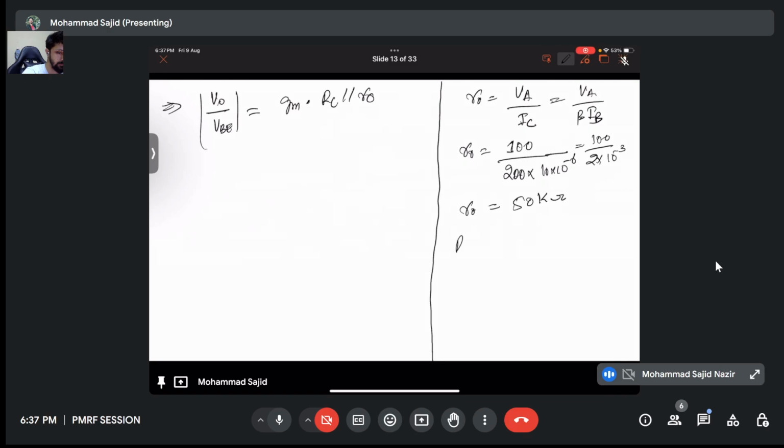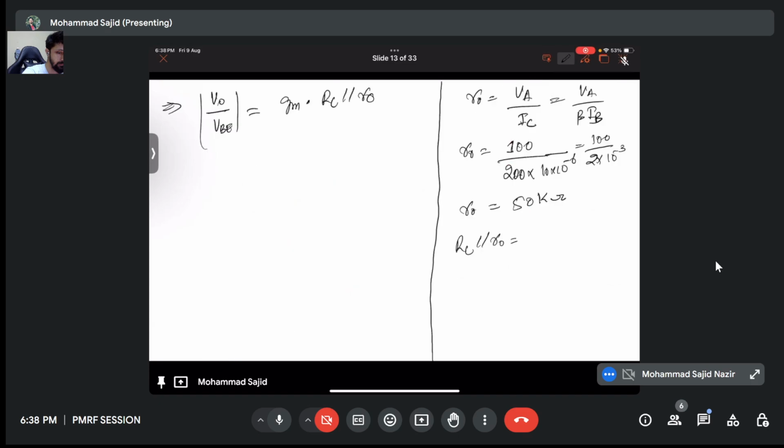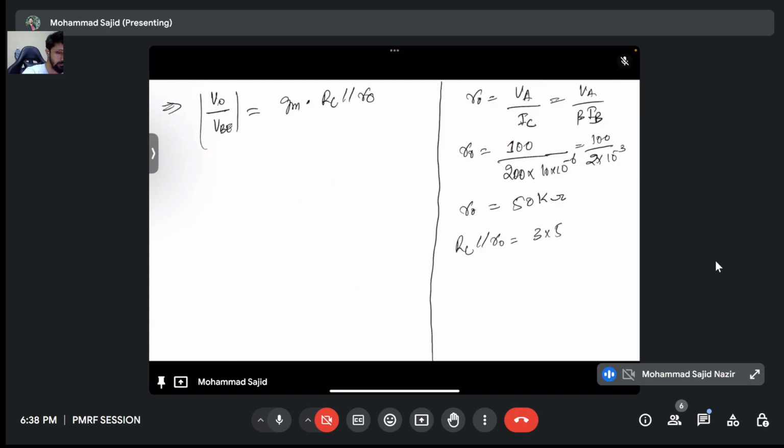Now R naught is 50 kilo ohm. What is RC parallel R naught? What is RC? RC is 3 kilo ohm, right? So this will be 3 multiplied by 50 divided by 3 plus 50. And this is K square, so 1K, 1K will go. So RC parallel R naught will be 3 multiplied by 50 divided by 53.